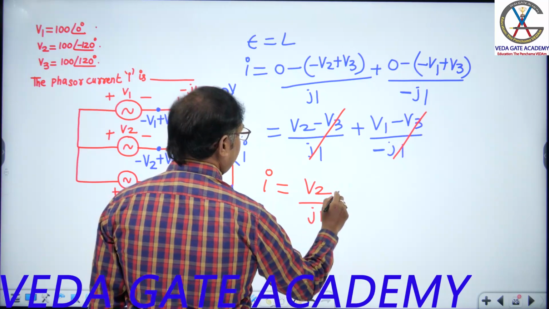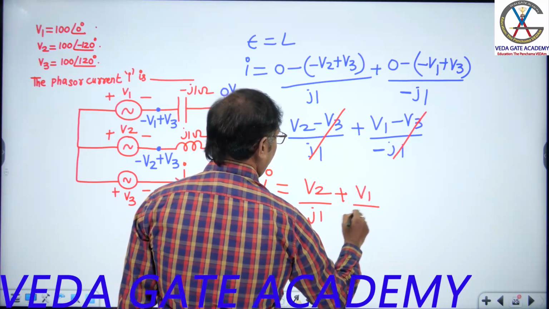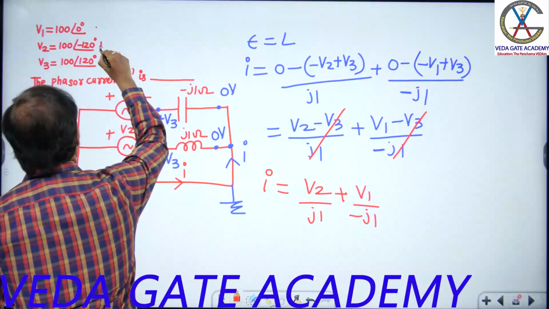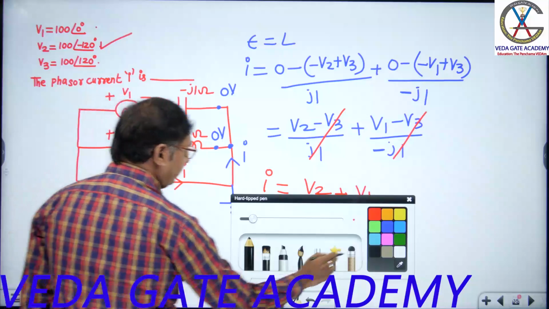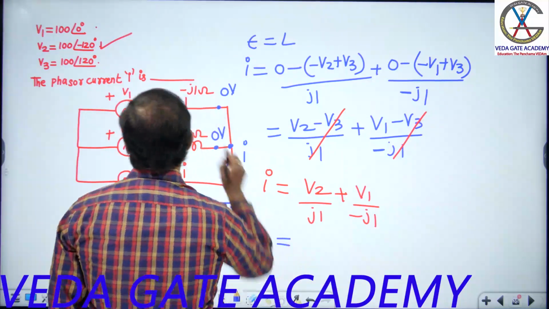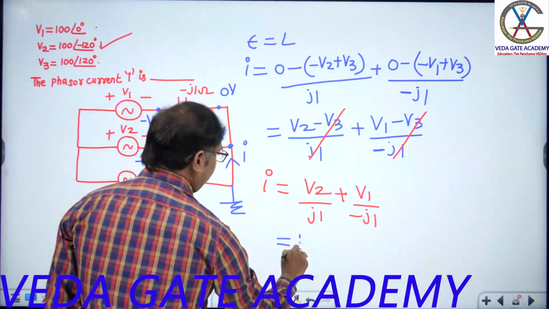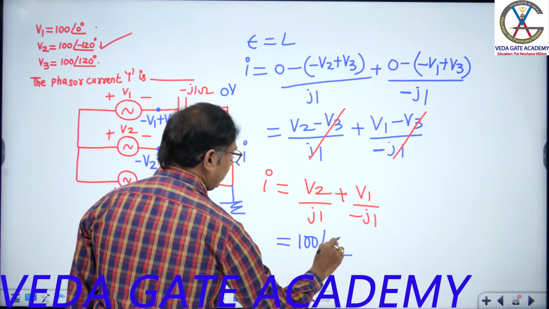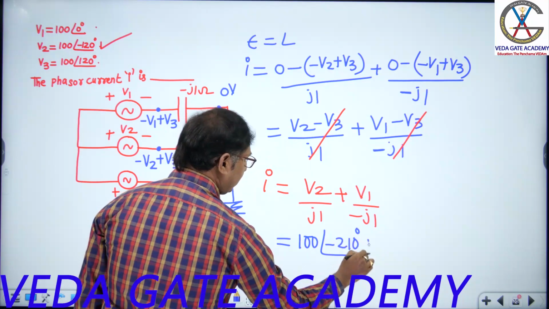V2 by j plus V1 by minus j. What is V2 given? 100 at an angle minus 120, so 100 at an angle minus 120 minus 90, which is minus 210 degrees.